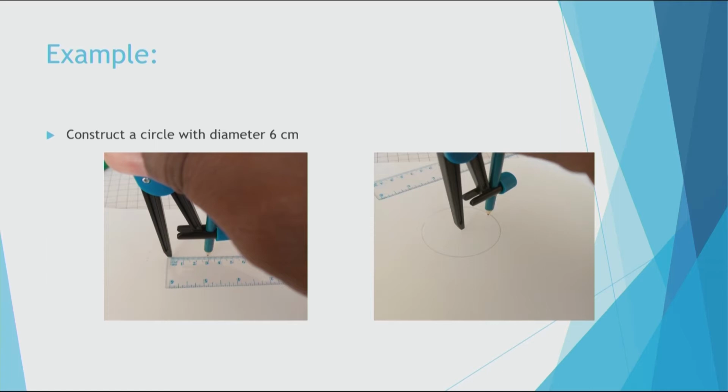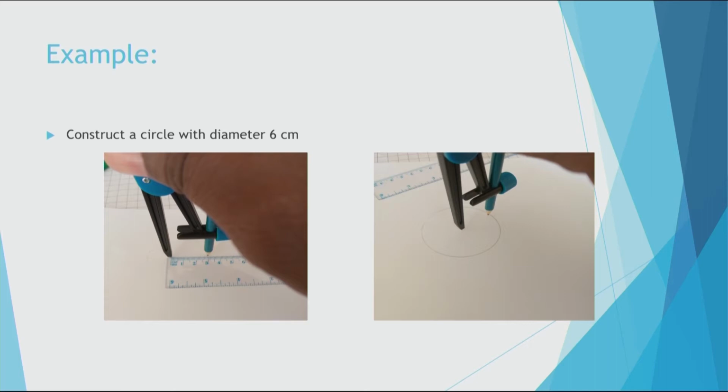Okay, so let's look at the practical example on this drawing. As I earlier said, the first thing is you place the pair of compasses onto the ruler. You can see the reading there, and then you remove the ruler. Then you draw, as in the second drawing there.